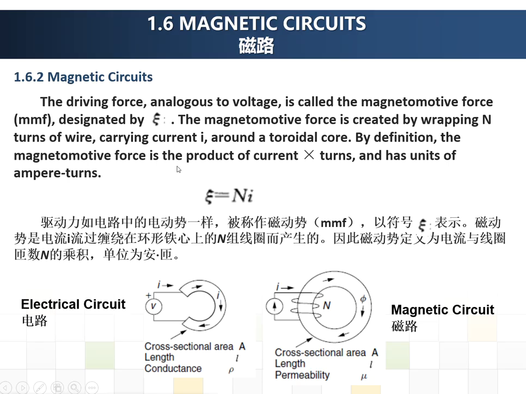The magnetomotive force is created by wrapping N turns of wire carrying current I around a core. By definition, the magnetomotive force is the product of the current multiplied by the turns. Its unit is called ampere turns.